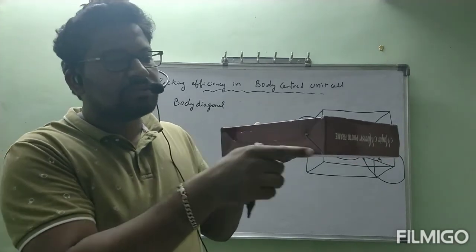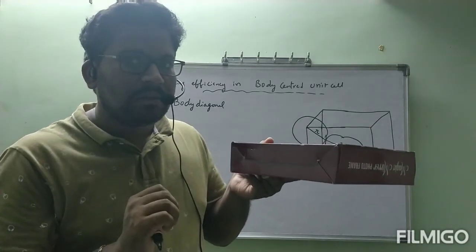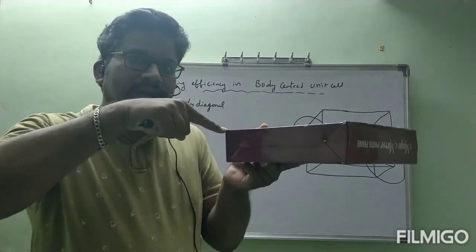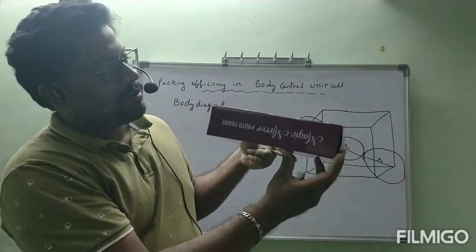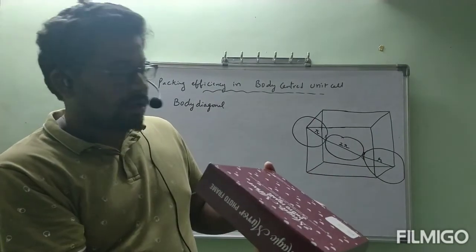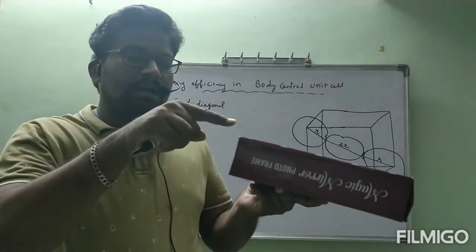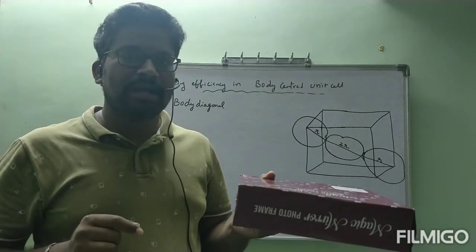Through that face center we joined, that is a face diagonal, not a body diagonal. Then what about the body diagonal? The body diagonal is from this corner to that corner, or from this corner to that corner, one line, that is also called a body diagonal.